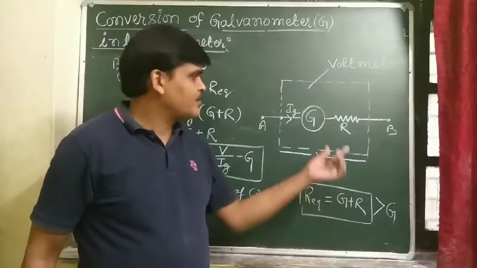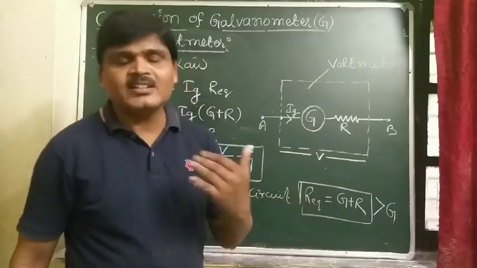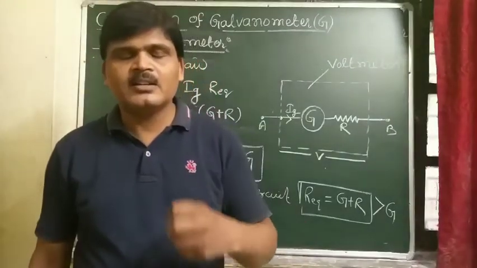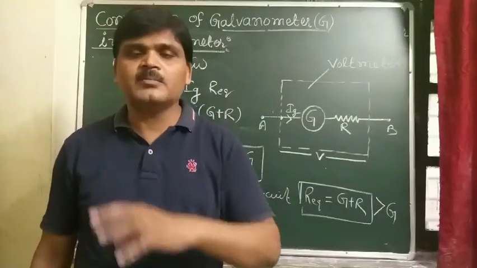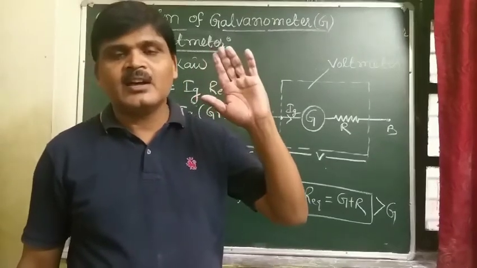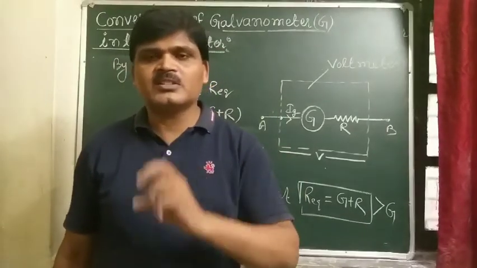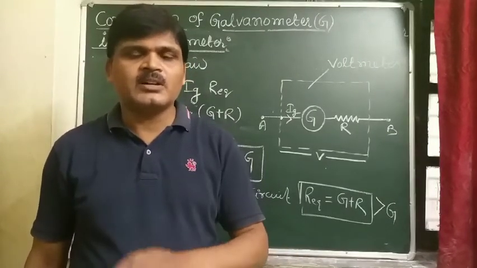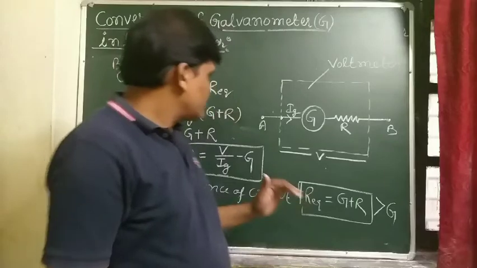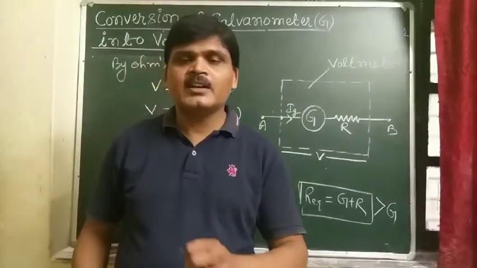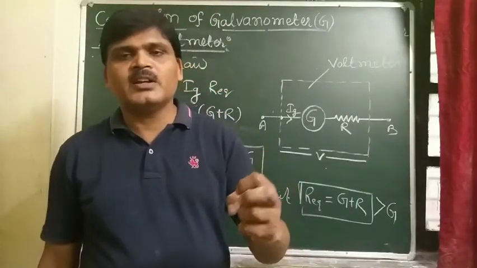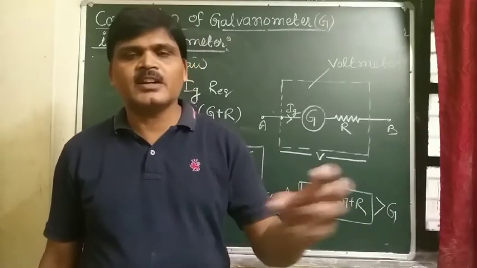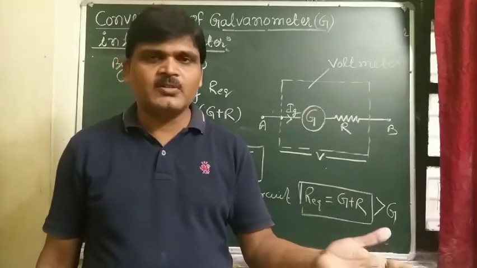And students, a galvanometer is a high resistance device, and an ideal voltmeter has infinite resistance, whereas an ammeter is a low resistance device, and an ideal ammeter has 0 resistance. So in general we can say that a galvanometer can be converted into a voltmeter when a high resistance is connected in series with a galvanometer coil.